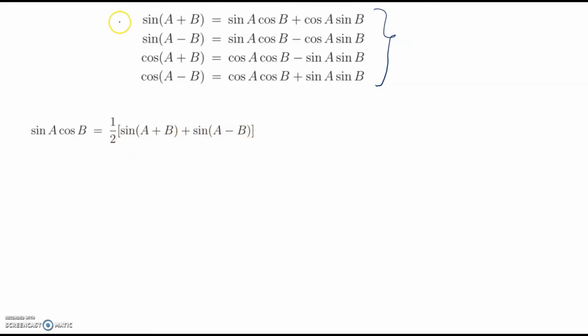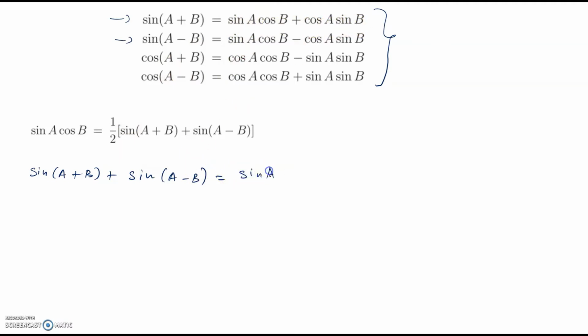So let's take the first two identities and add them up. Let's take sin A plus B plus sin A minus B. To add them up, let's first replace sin A plus B with the formula.